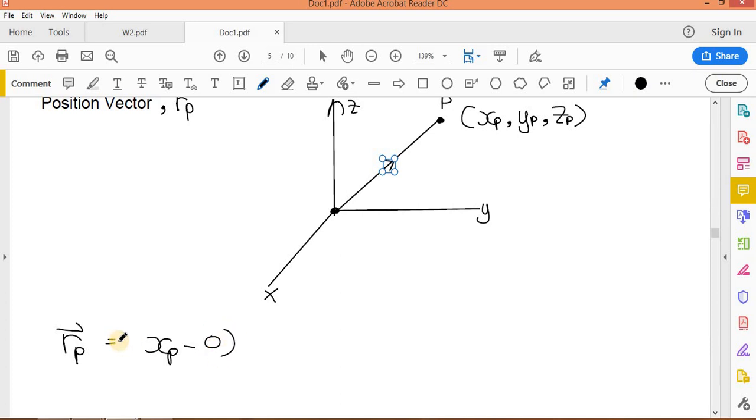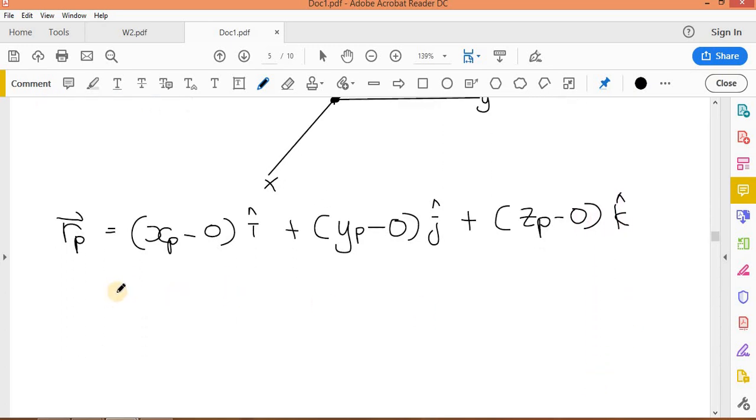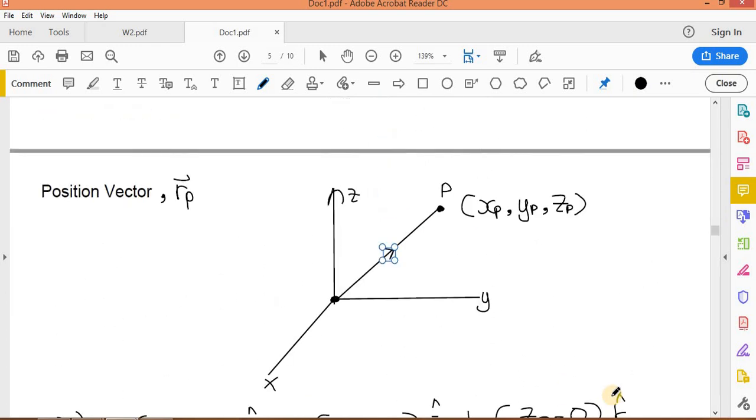So it will be xp minus 0 i, plus yp minus 0 j, plus zp minus 0 k. So this position vector fully depends on the coordinate of point P, right? Okay, so this is the definition of the position vector.